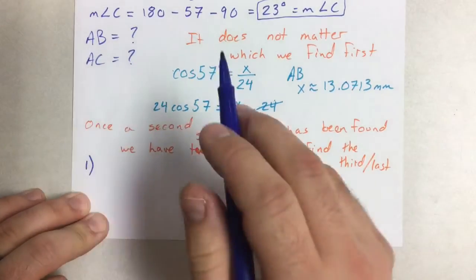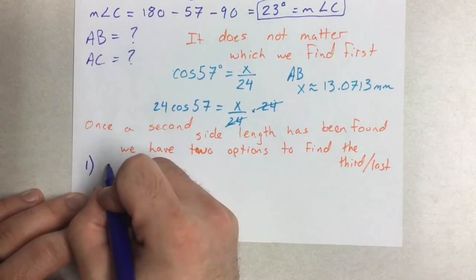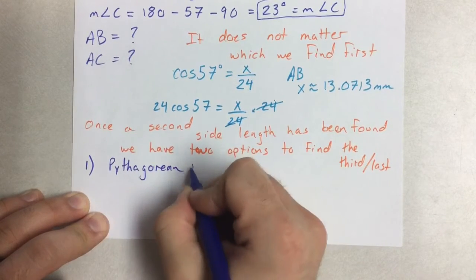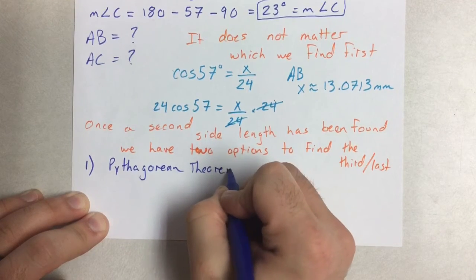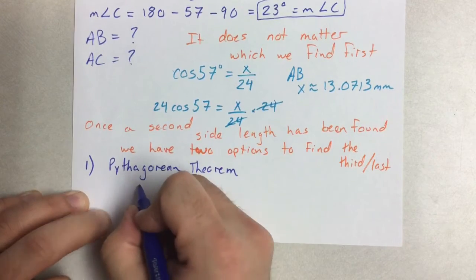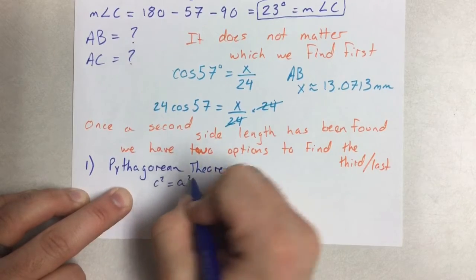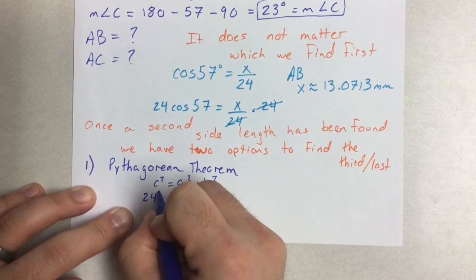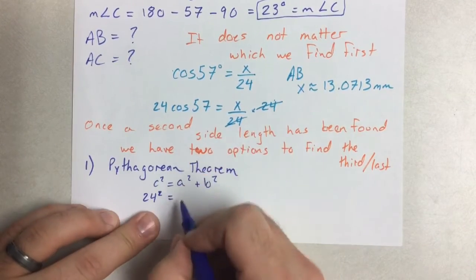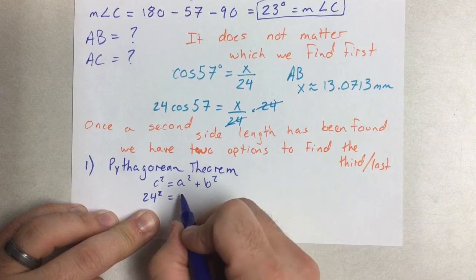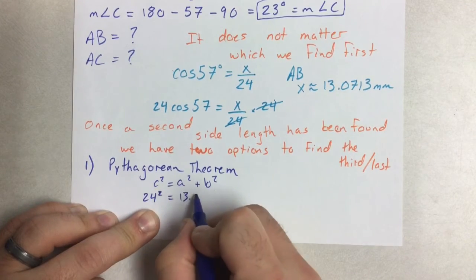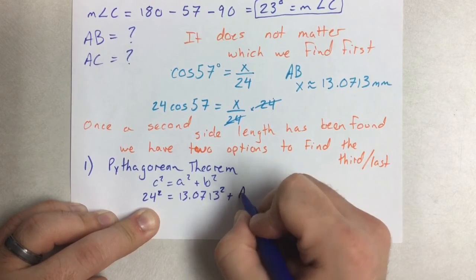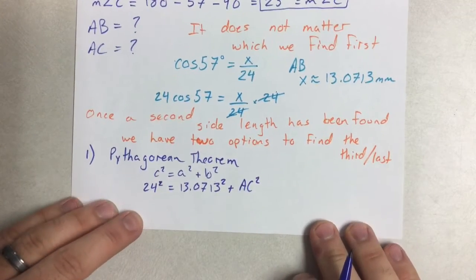The first option: I have two sides of a right triangle, so we can use the Pythagorean theorem to find the third. That would be c squared equals a squared plus b squared. Our hypotenuse is 24, and then 13.0713 squared, and then AC squared, our unknown length.